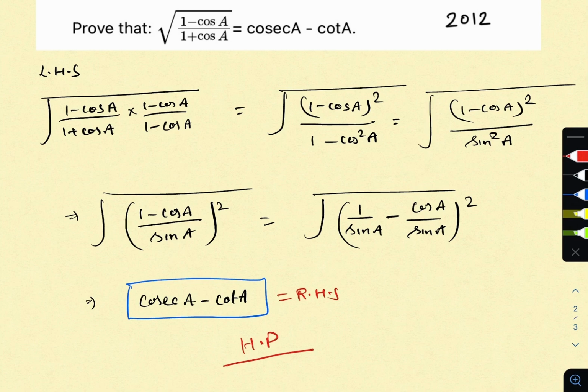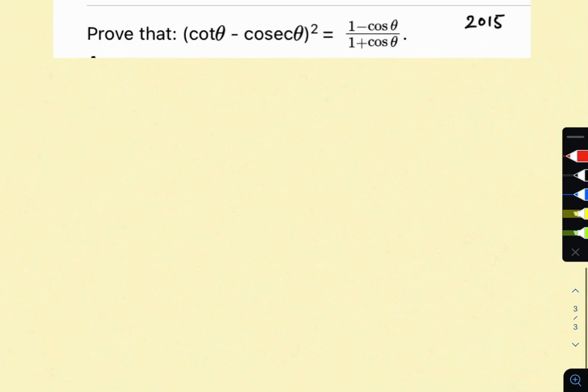This is the answer. So look, in doing only one question we are able to solve multiple questions at the same time. Now move to the next question, that is also very interesting.